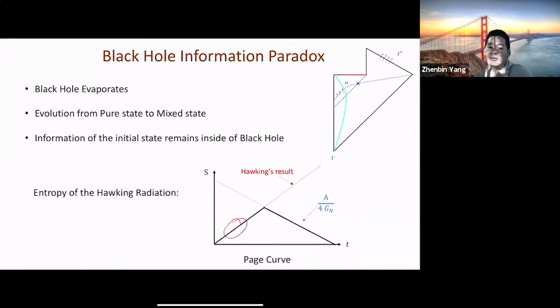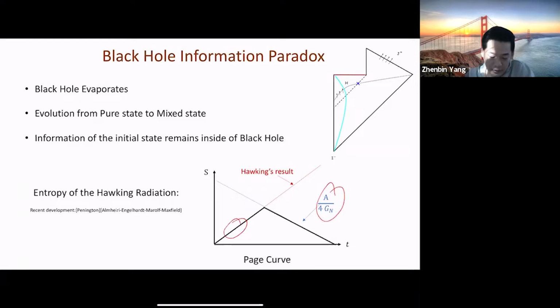But at a later time, the maximum entanglement it can get will be bounded by the black hole entropy. So it should go down. And also recently, there has been an understanding of this Page curve using the holographic RT formula.